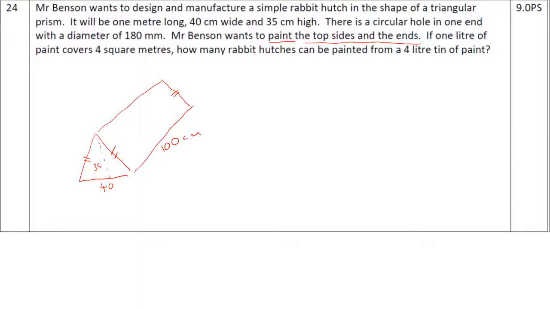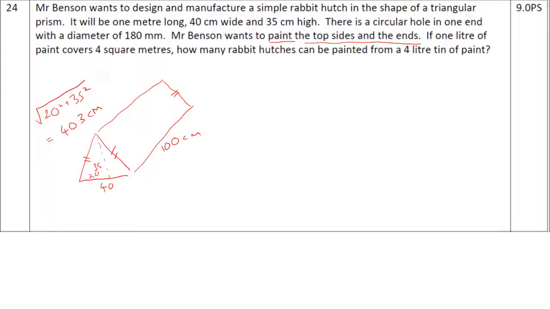If it's 40 centimeters across the bottom, it means it is just 20 across half the bottom. So I'm going to use Pythagoras to figure out what this long side is. It's going to be the square root of 20 squared plus 35 squared, and that gives us 40.3 centimeters as that side length there.